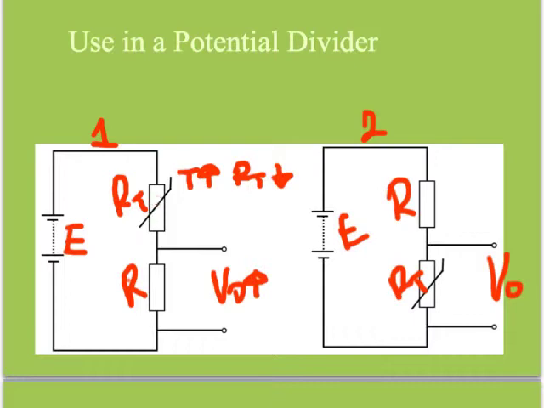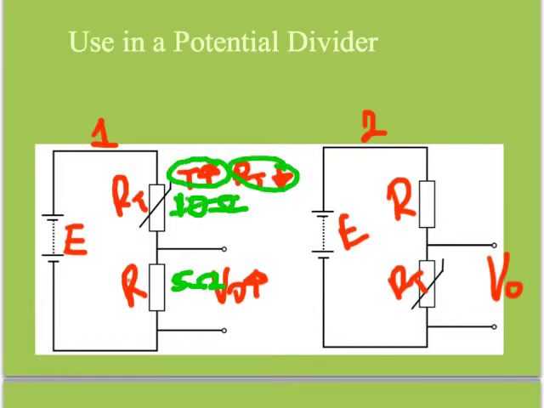In other words, let's put some values in. Let's say when this thing is at 50 degrees, it's 10 ohms. And this is 5 ohms. Then the output voltage will be 5/15 of the total EMF. Now, as the temperature increases, the resistance goes down.